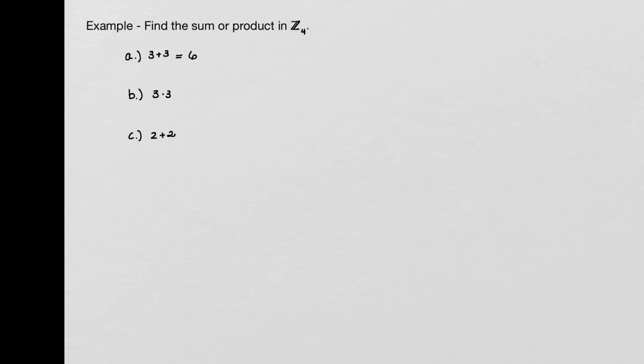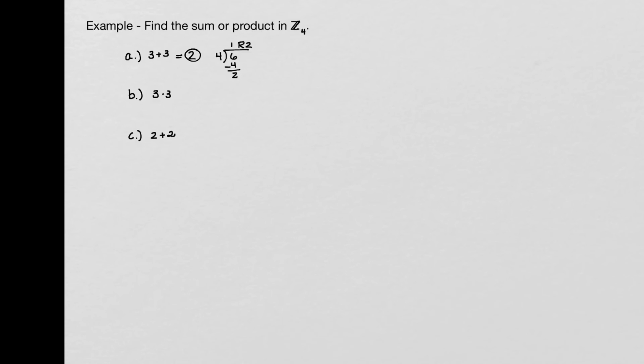Since 6 is greater than or equal to 4, I'll divide it by 4 and see what remainder I get. 4 into 6 goes 1 whole time, and my remainder is 2. So in Z sub 4, I'm not going to say that 3 plus 3 equals 6. I'm going to say that it equals 2, and that's my final answer.